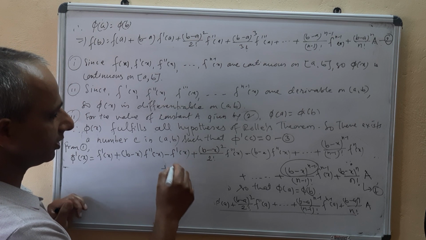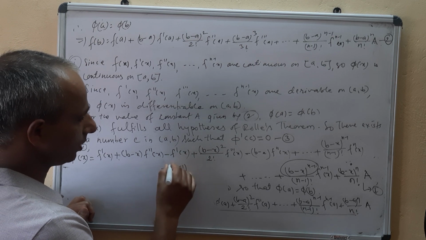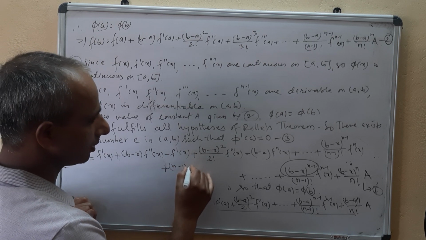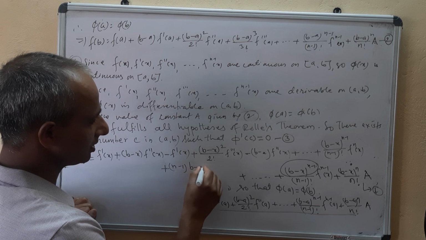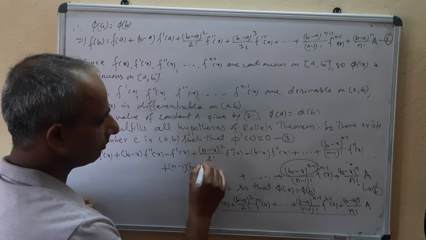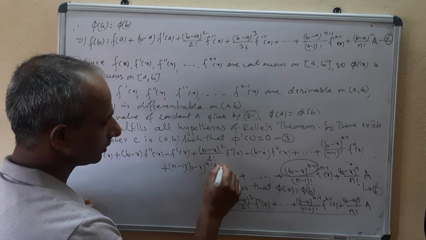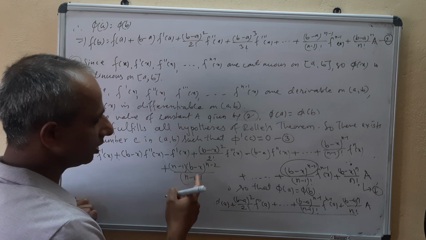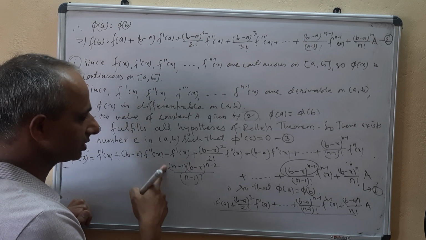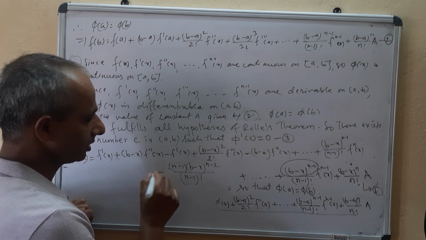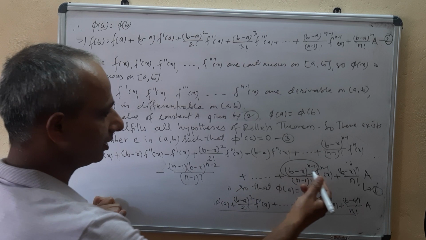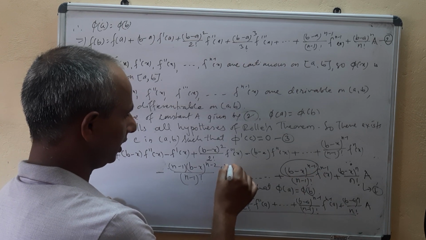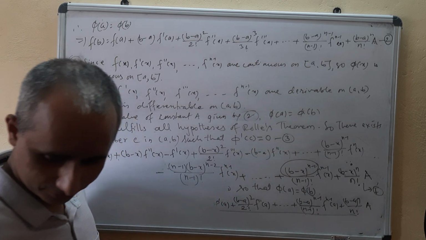What will you get here? n minus 1 times b minus x whole power n minus 2 upon n minus 1 factorial, but we still have to differentiate b minus x, so you will get minus in front, and f of n minus 1 of x as it is.